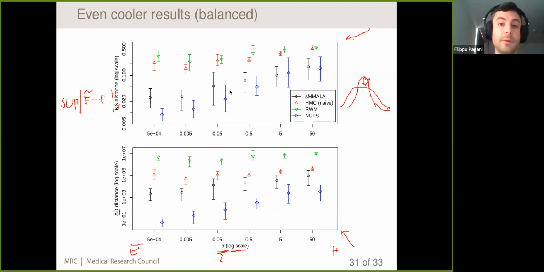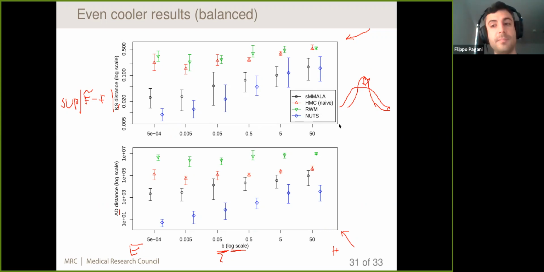The simplified manifold MALA, we've seen it already, but the true surprise for me here is NUTS, because NUTS works by using a global conditioning matrix, a bit like the random walk would do. So I did not expect it to be exceedingly good on this example, because there is no global conditioning matrix that can describe appropriately all the areas of the distribution, because it changes, right?